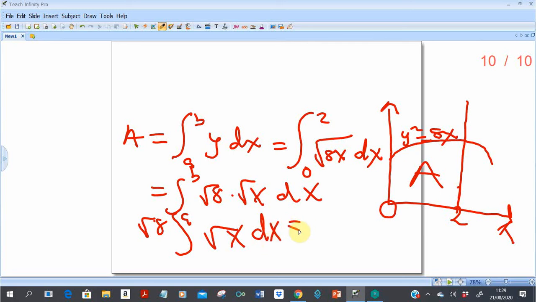But what is root of x? Just the same as x to the power half, right? So we have root of 8 outside, integral from 0 to 2 of x to the power half dx. Now that it has been simplified that way, okay.